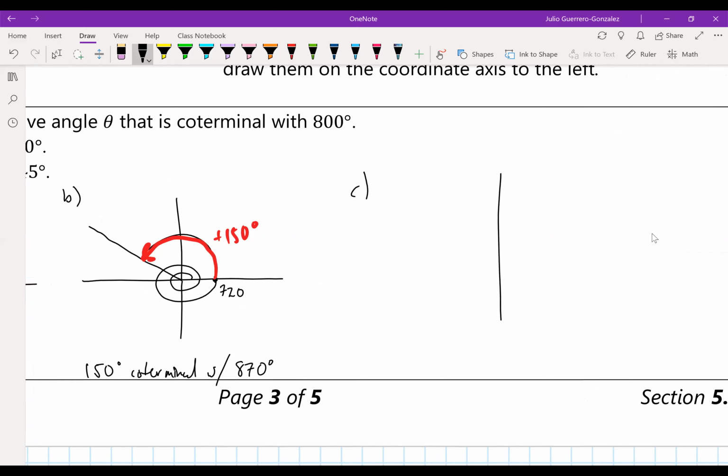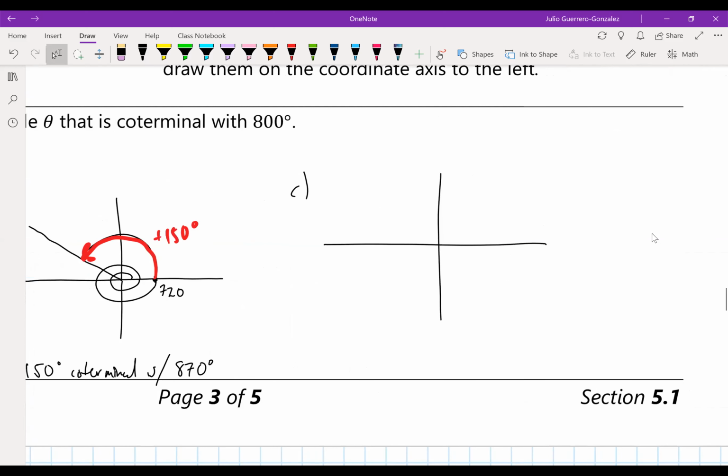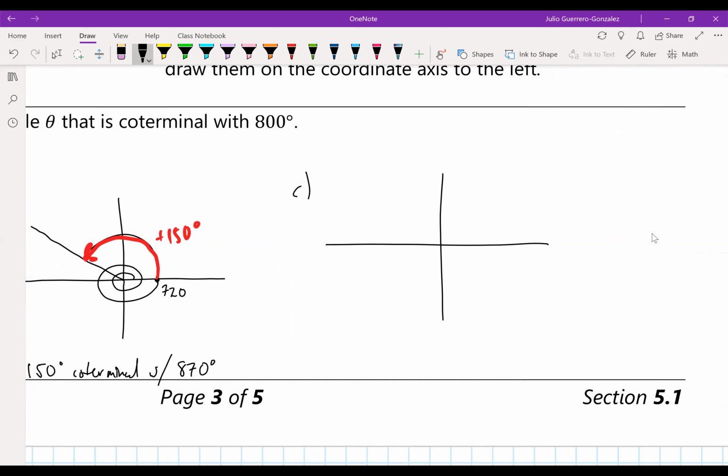This one is negative 45 degrees. So we know that for negative angles, we go down. Now, a coterminal angle has to be the positive version of it. So the very first time that happens, if we start here and go all the way around, what angle is that?